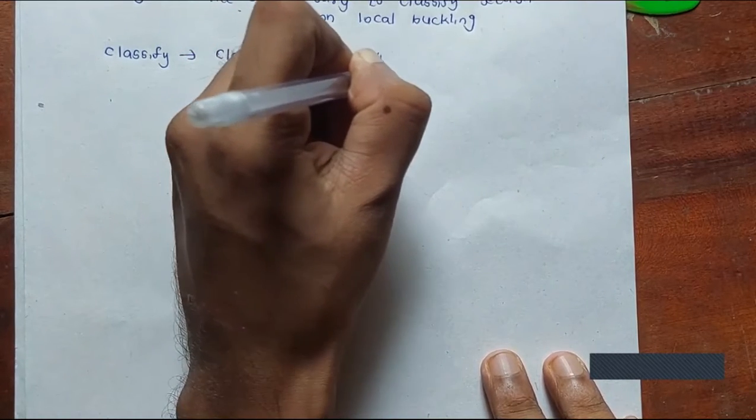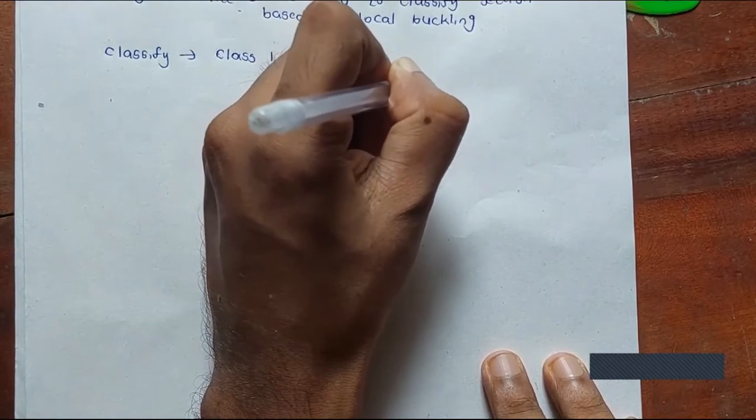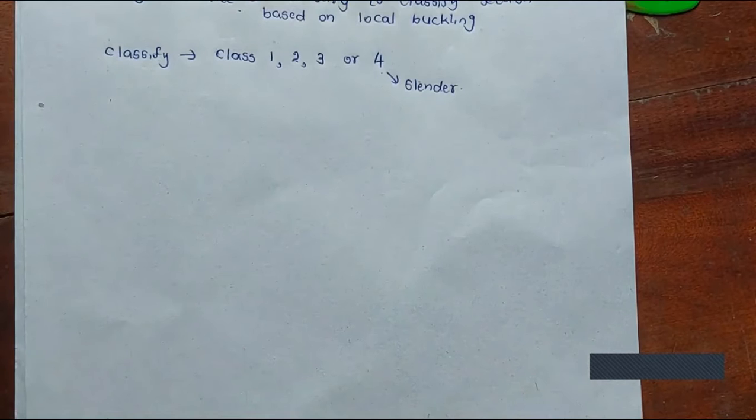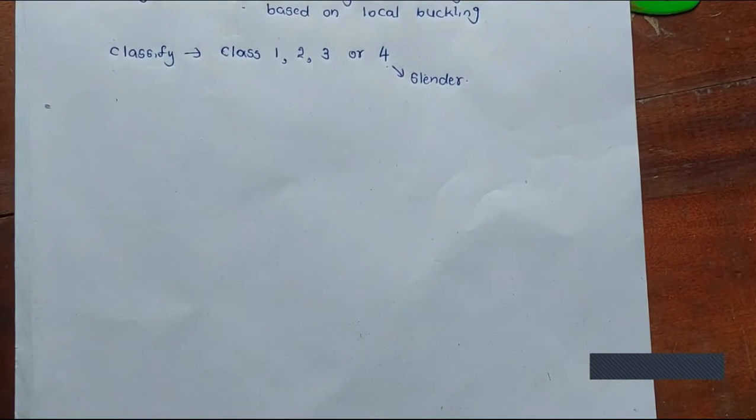Class 4 is the slender section. Always, slender means a weak section.